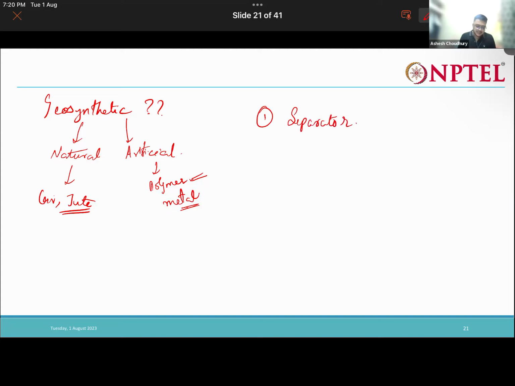So, say we have a subgrade here, and we have an aggregate layer, and we want no intermixing of the subgrade and the aggregate. So what is done is that we place a geotextile layer. This geotextile layer acts as a separator, right? So the first use is that of separator.